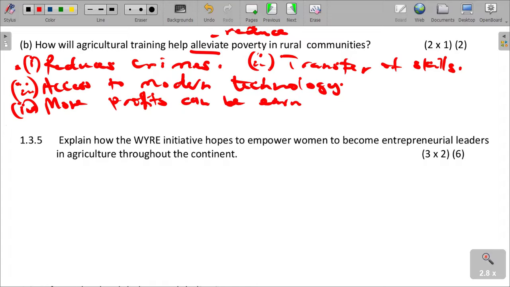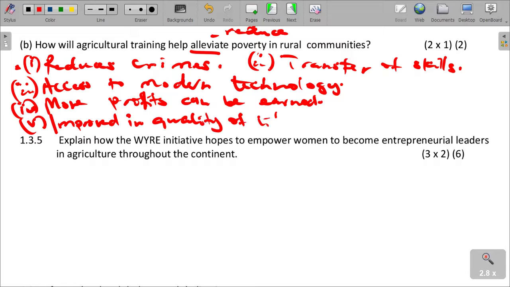More profits are earned. Therefore, when people earn more profits, they are able to live better. People are able to live better because of profits. We also talk about improvement in quality of life and livelihoods. Improvement in quality of life is also a way of reducing poverty.